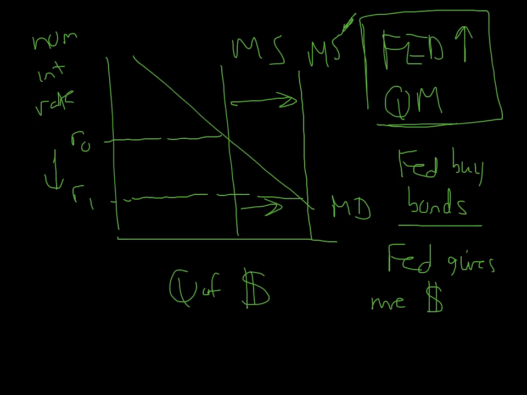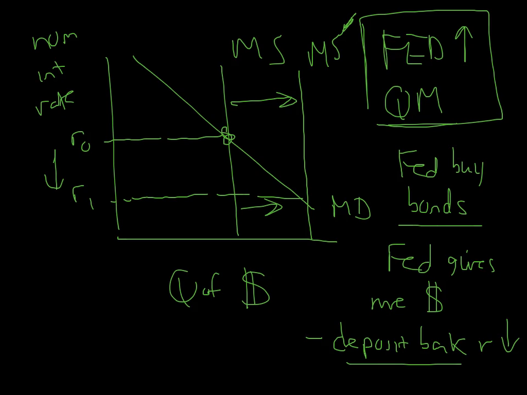Just like if I sell them my car, they're going to have to give me money for my car. So the Fed's going to give me money. So therefore now I receive, let's say I sold the bond for $100,000, I receive $100,000. I take some of that money and I deposit it in the bank. The bank has more reserves. I think there's more money available, and as we'd imagine, the interest rate falls.